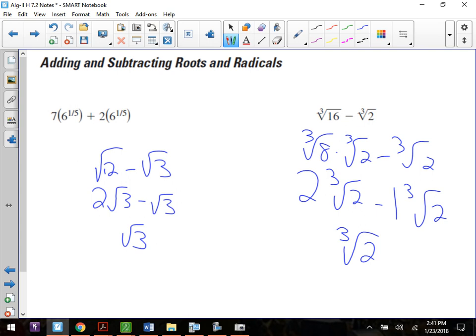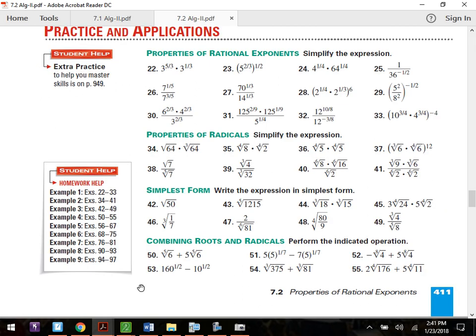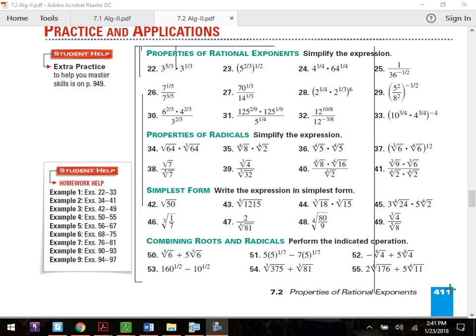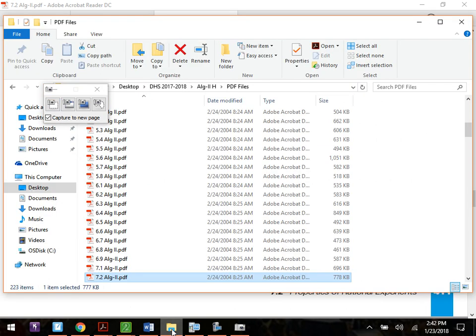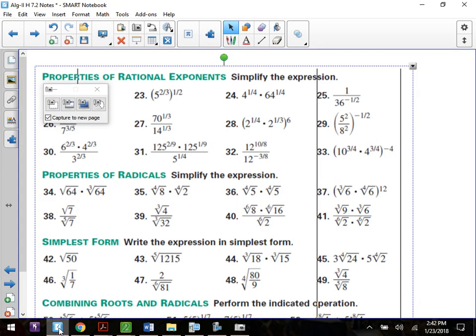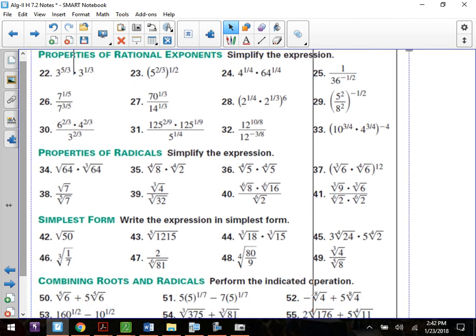I'm trying to remember what problems I put up there. I don't know if I posted it or not. This is in 7-2, on page 411. It was 23 to 55, I believe, evens. I think I said evens, or did I say odds? I gotta double check.